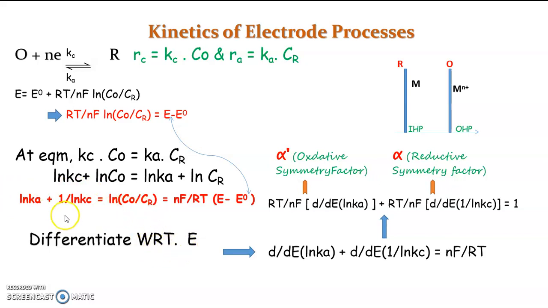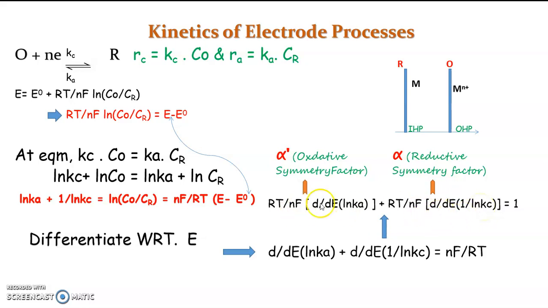Here we are differentiating this equation with respect to E. Differentiating the first term, we get nF by RT into dE by dE equal to 1, and the other term becomes 0. So we get only nF by RT, and we convert this equation to RT by nF d by dE of ln Ka plus RT by nF d by dE of ln Kc equal to 1.